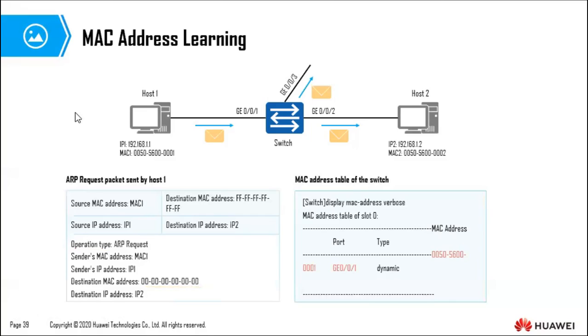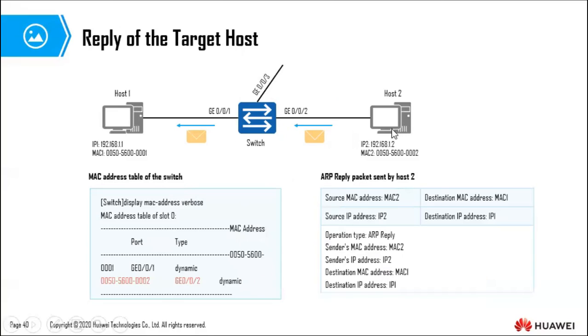So the next thing is that host 2 will reply. Host 1 has asked who has 192.168.1.2. Then host 2 will reply, I have it, and also reply with its MAC address as the source MAC address.